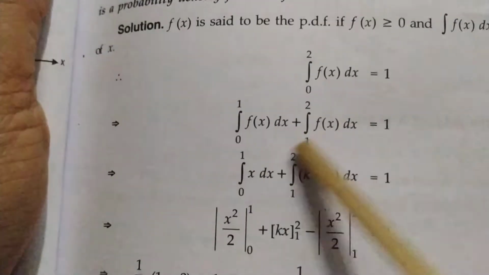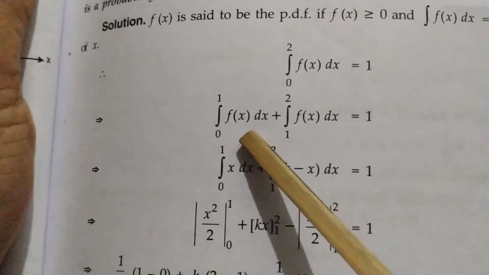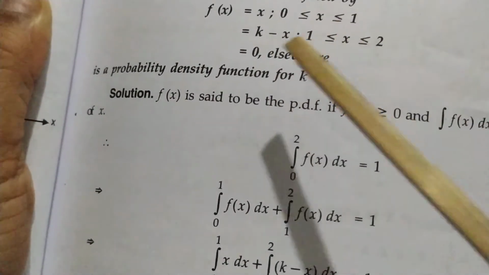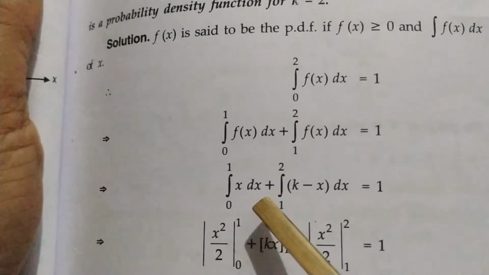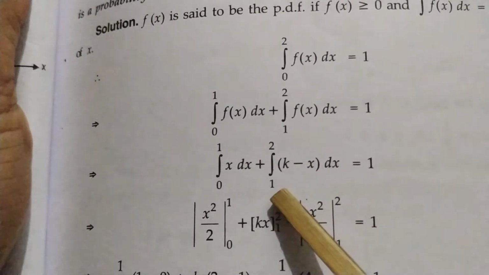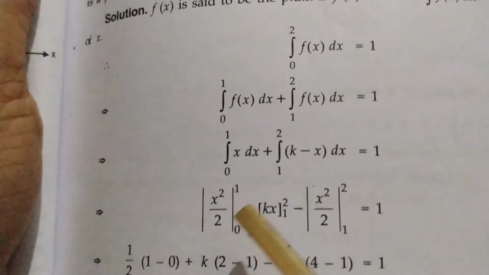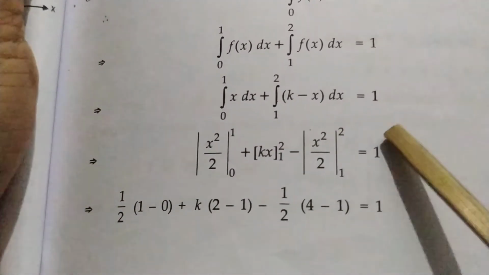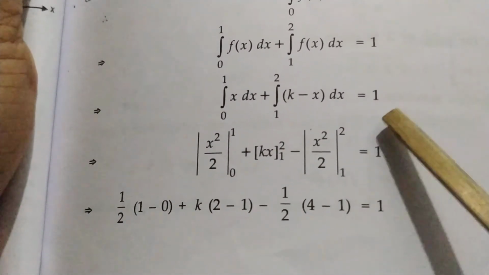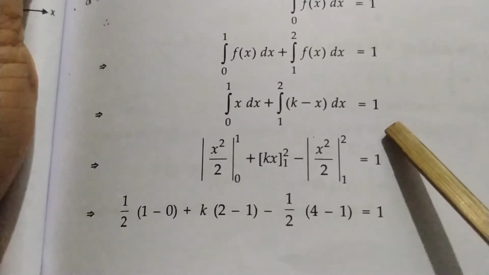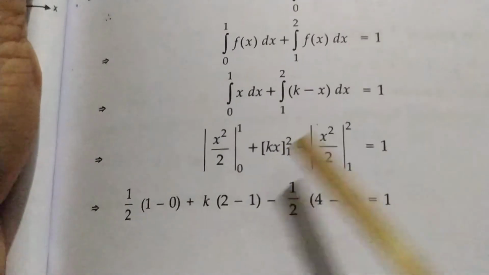is equal to 1. Now put the value of f(x) in this range, that is 0 to 1, so it is x, and in 1 to 2 it is k minus x. We need to prove that it is a probability density function, so we can write it is equal to 1.